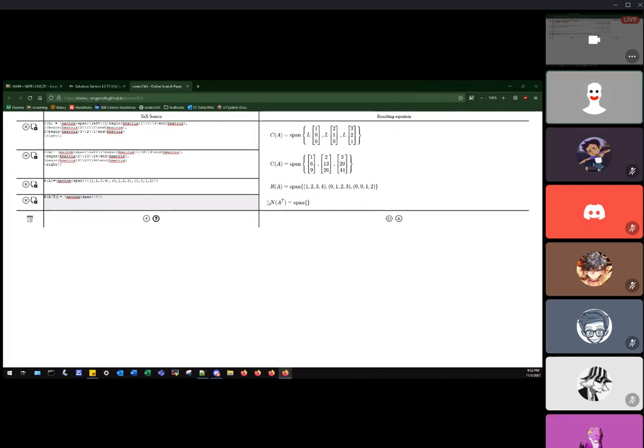Yeah, that makes sense. The left null space is equal to the span of the empty set, but the set notation for the actual null space is the 0 vector. Can you say that again? These two are equivalent.